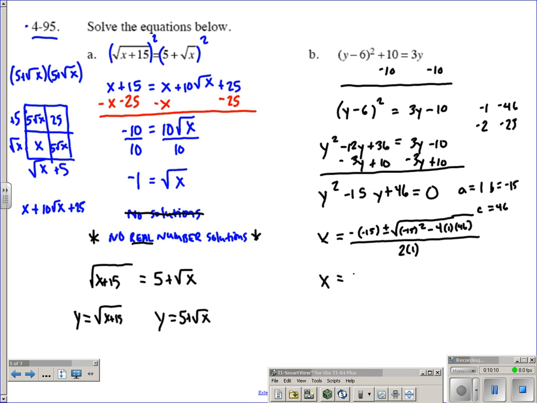So x equals 15 plus or minus the square root of 225 minus 4 times 46.